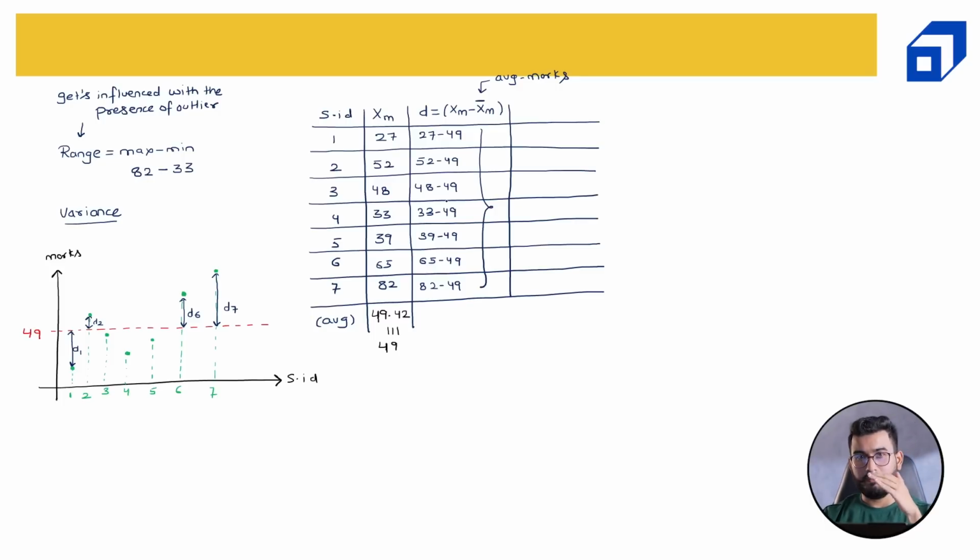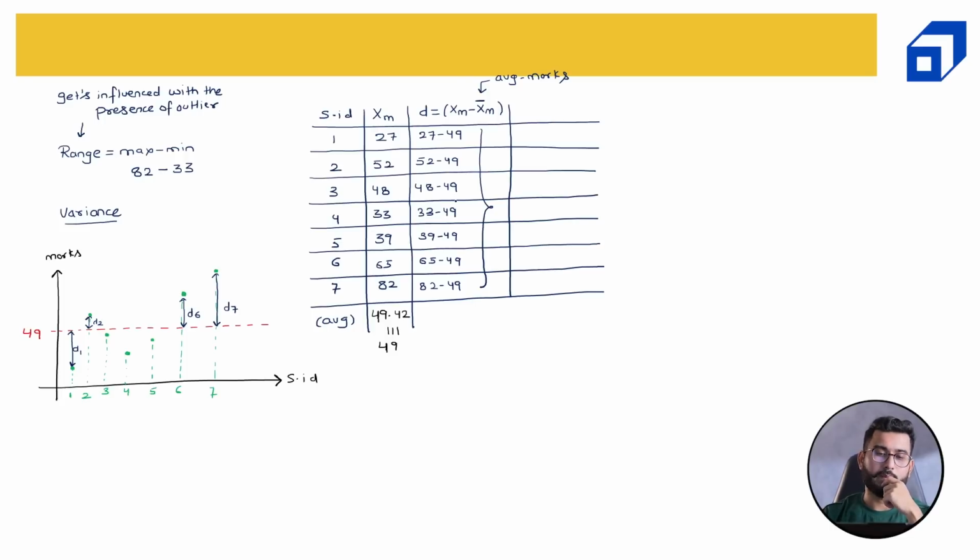A few of the values are below the average, which would result in a negative value. And if I simply take the sum of all these data points, the positive will cancel out the negative. So we would get a very wrong value. You will get a value close to 0, which basically means there is no variation, which is wrong, right?